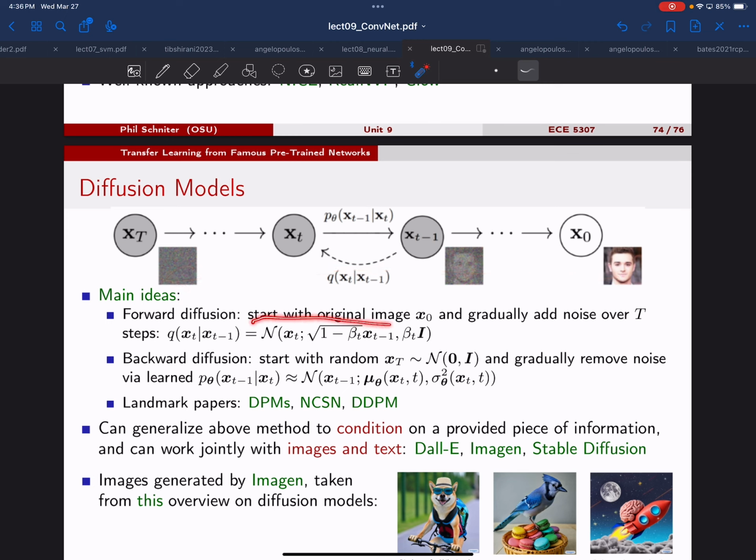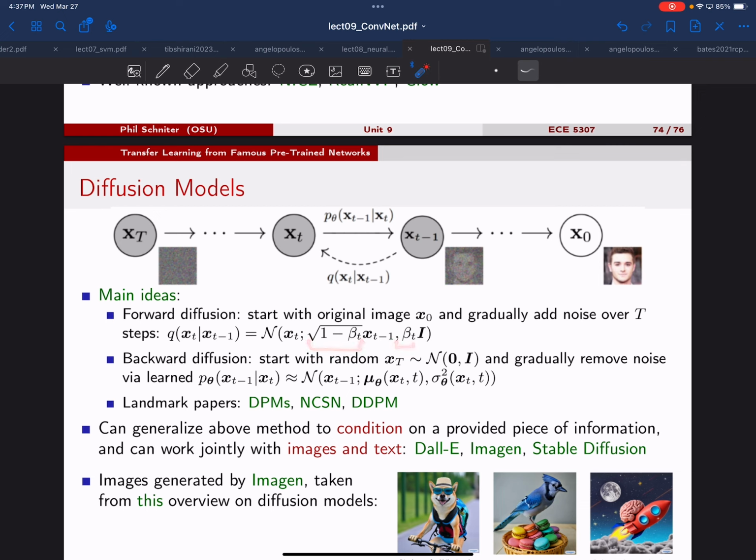You start with this original image, gradually add noise over t steps, and the conditional distribution from x at step t to x at the previous step looks like this. Here's the new x, here's the old x multiplied by a number slightly less than 1, but you're adding to it a little bit of Gaussian noise.